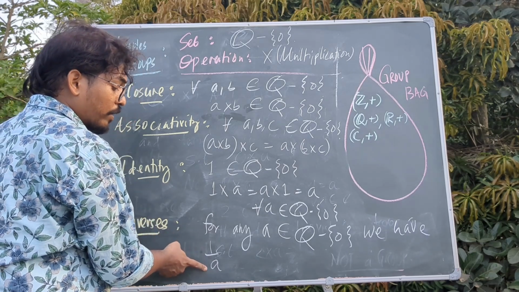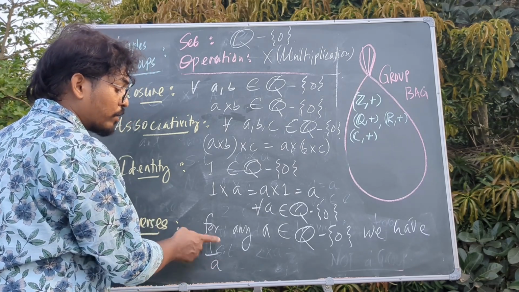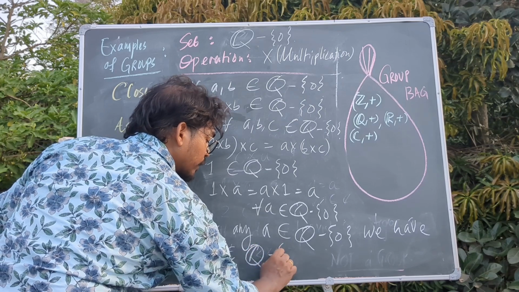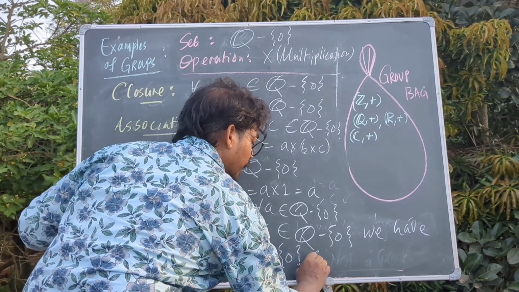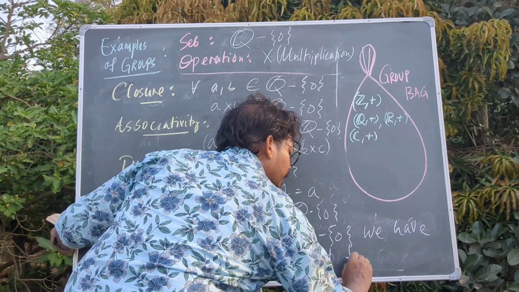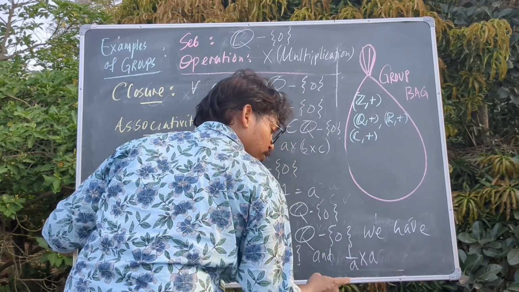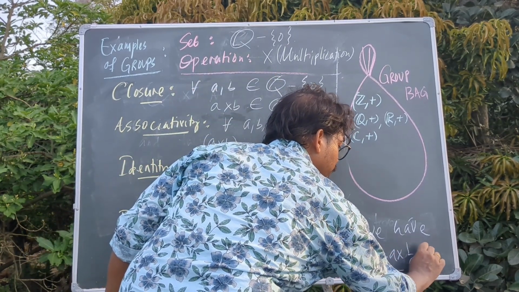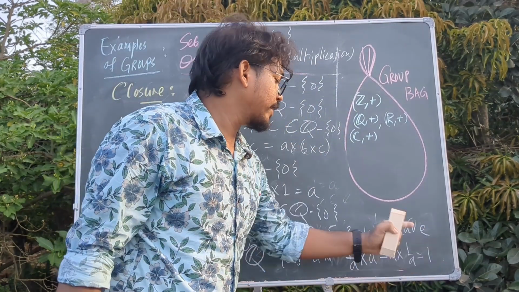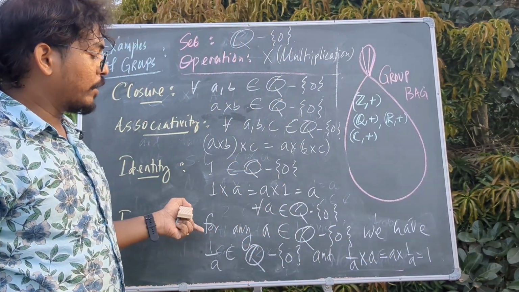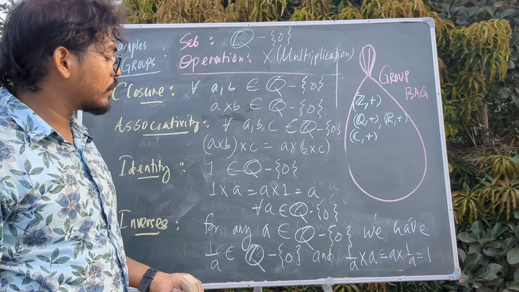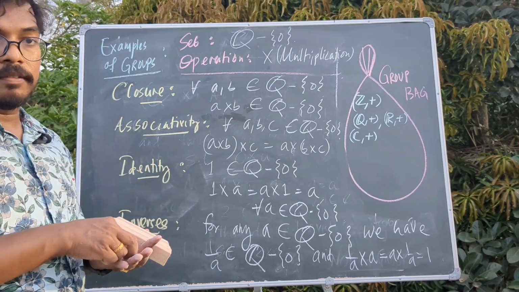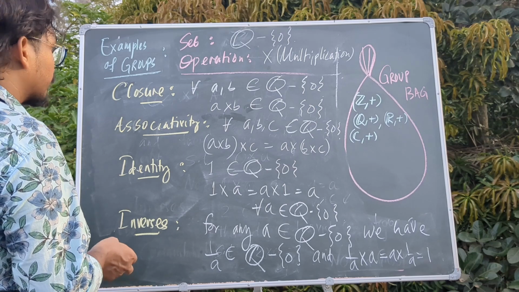I can take 1 over a now because a is non-zero. 1 over a always exists and belongs to the set of non-zero rationals. 1 over a times a is the same as a times 1 over a, which is 1, the identity element. Therefore, we have inverses of every non-zero rational, hence it is a group, and moreover, it is commutative.